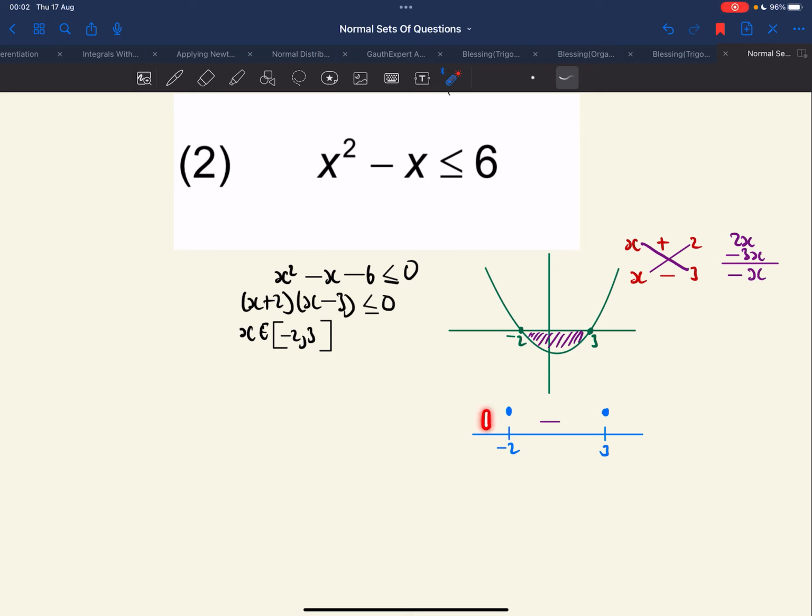It's a positive answer, we get +6. And then if we choose 4 for the other side, 4 squared minus 4 minus 6, we get a positive answer as well. So it's positive there, and it's positive there.